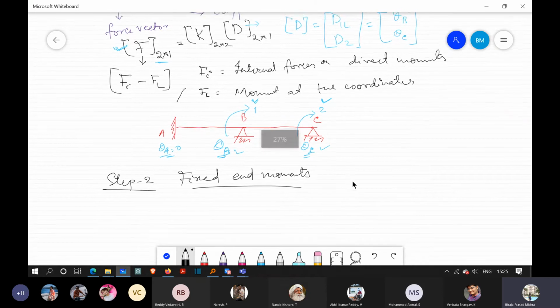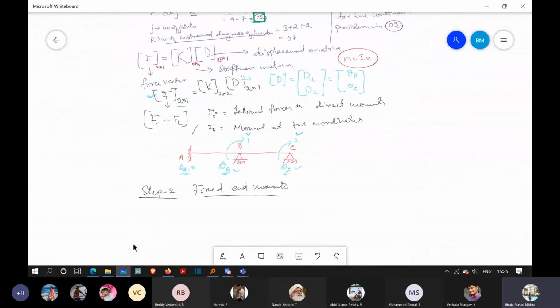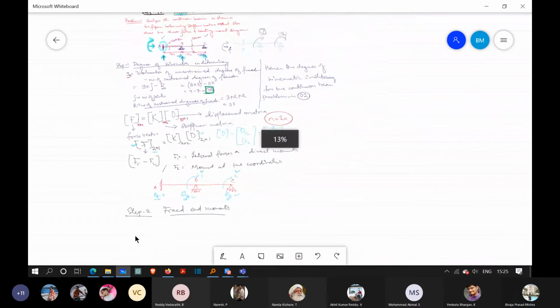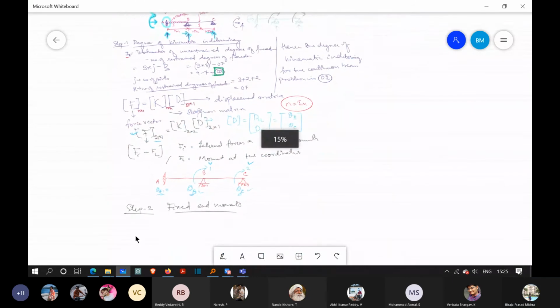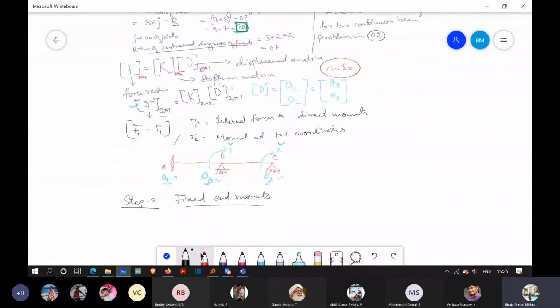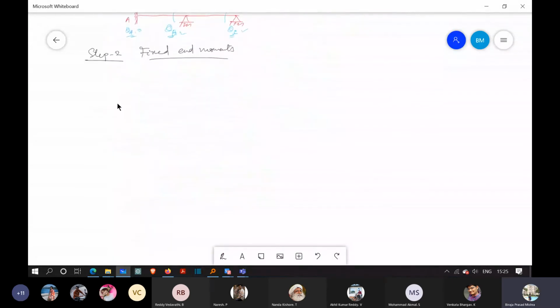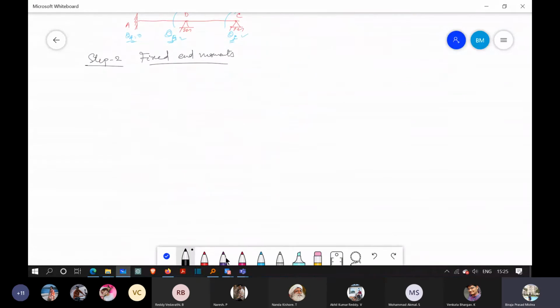Now if you see this figure over here, it is better if I draw the figure one more time. This is the figure: this is fixed, this is hinged, again this is hinged.